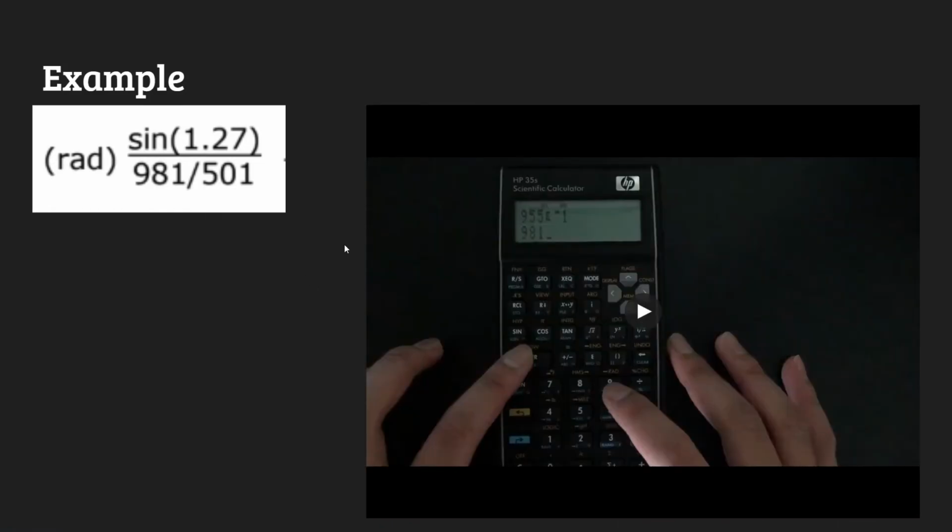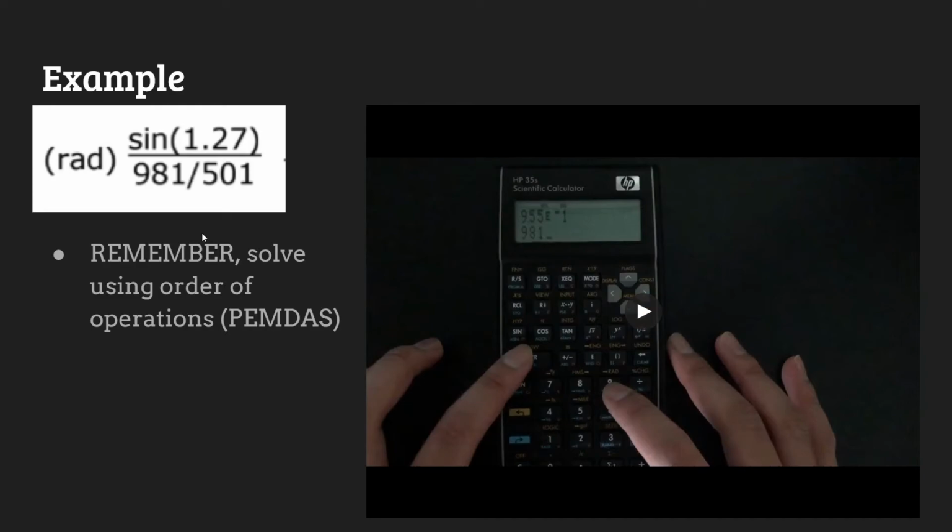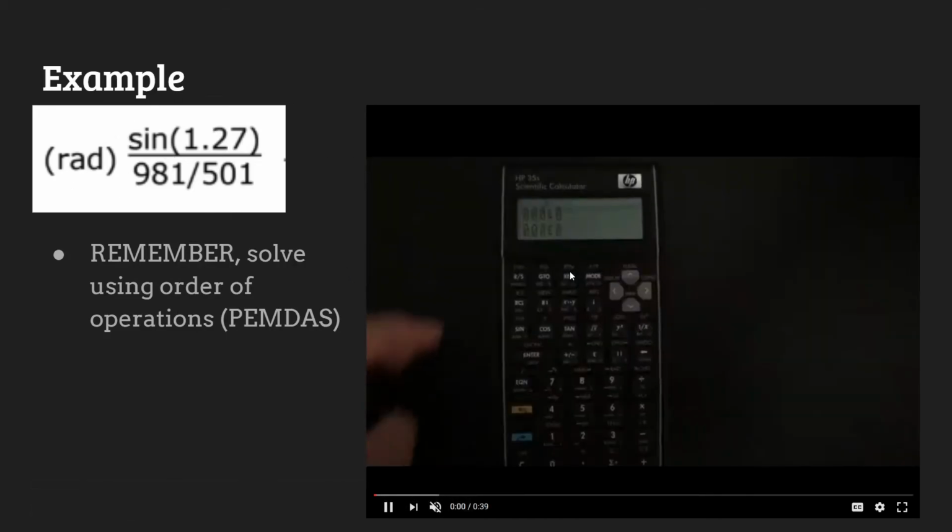So this is one of our last examples. Another reminder to solve using PEMDAS and left to right, top to bottom. So I'll be talking about what RAD means in this video so that you guys know.